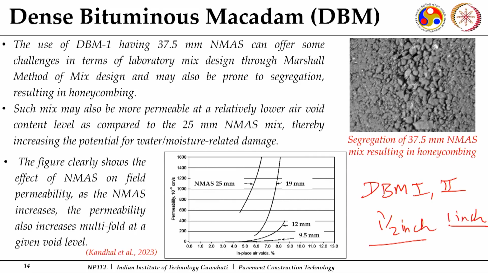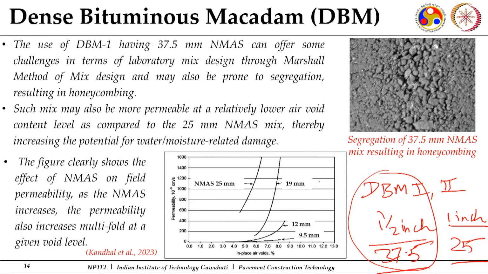So when I am talking about this, I have to be cautious about what challenges may be there if I am using DBM 1 and what challenges may be there if I am using DBM 2. Normally it has been experienced that when you use these higher size aggregates, or a gradation with higher NMS, the segregation is more.